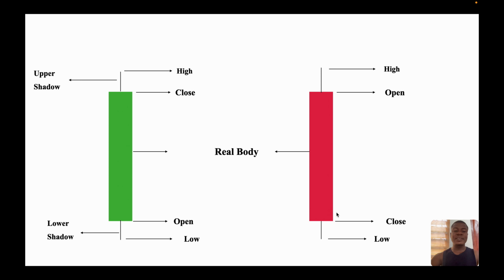The two main differences between the bullish candle and the bearish candle are the opening price and the closing price. So once you see a candle which has the closing price above the open, it means it's a bullish candle. And once you see a candle which has the close below the open, it is a bearish candle.